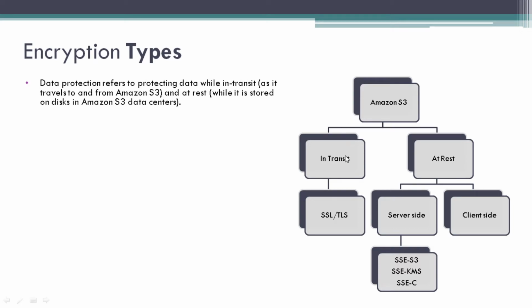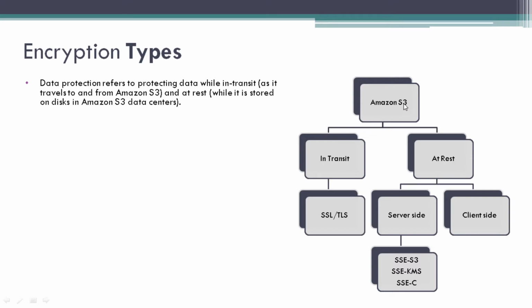The second option is at rest, which means when you store your data in Amazon S3, when it is stored on the S3 disk. At that time you want to protect your data, so you can do encryption at rest and in transit.